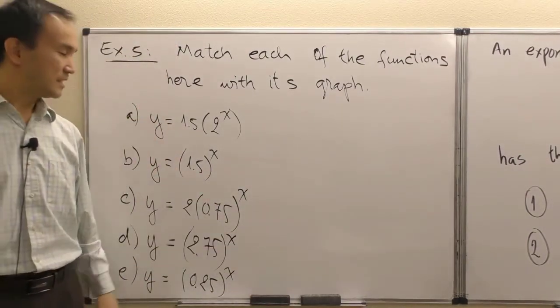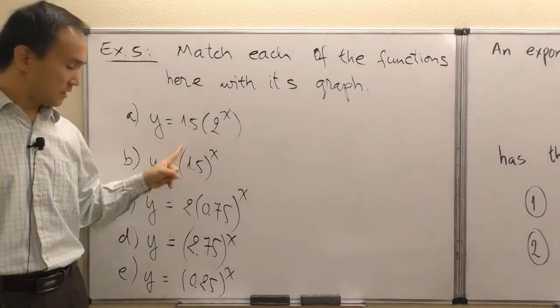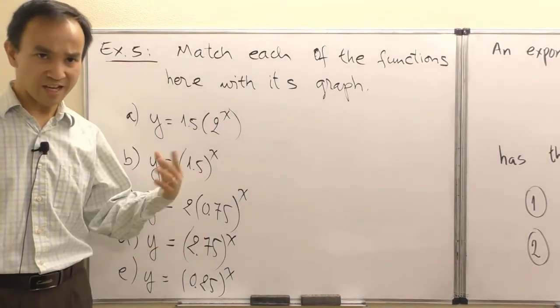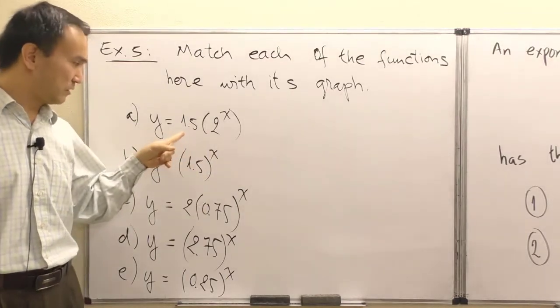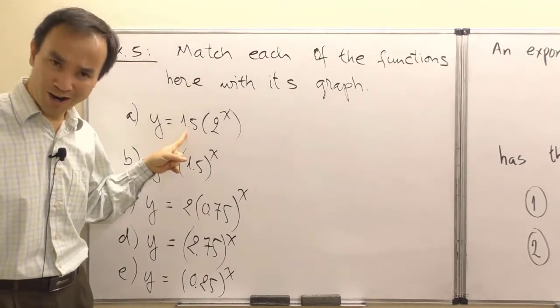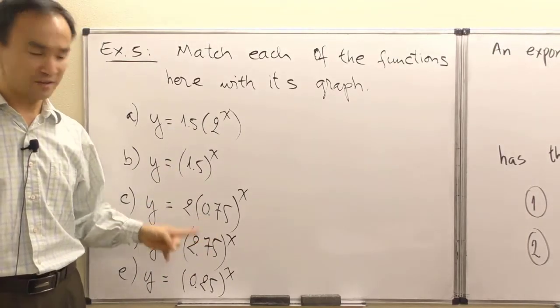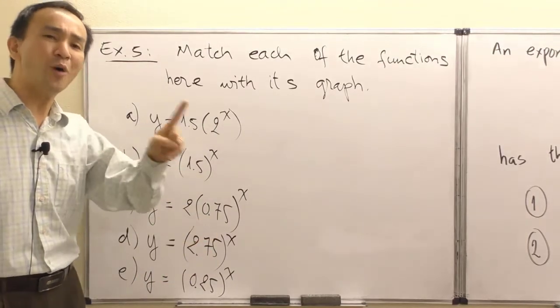5 functions. Some of those come with a coefficient, and some do not. When I say they come with a coefficient, I mean a coefficient other than 1, and the ones that do not come with a coefficient have a coefficient of 1.